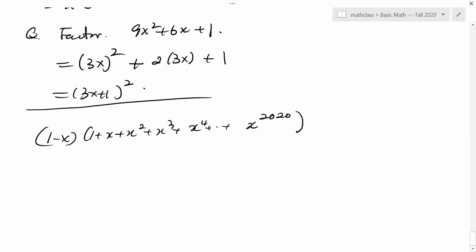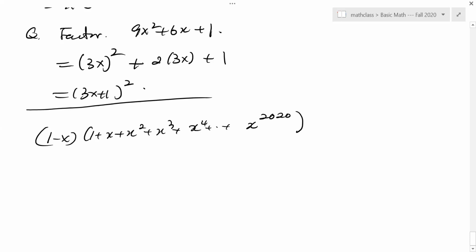Anyone can quickly give me the answer? Rebecca, if you multiply them out, how many terms? The second factor has 2021 terms there.